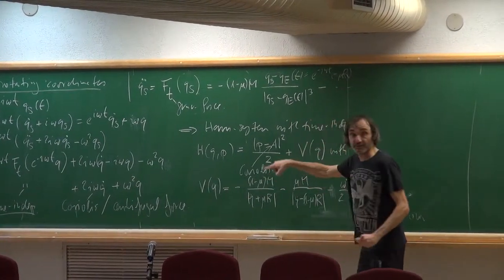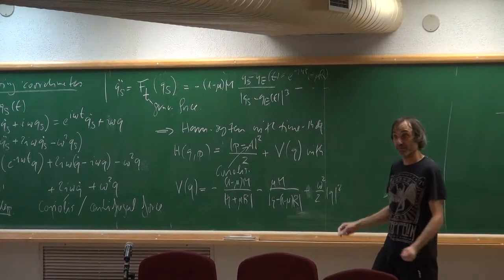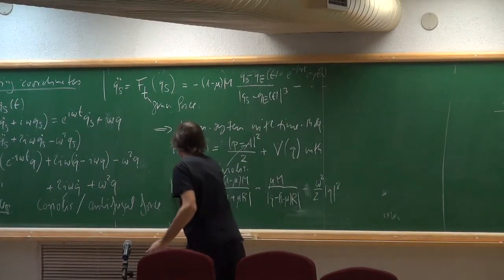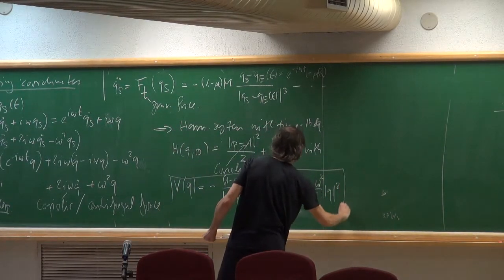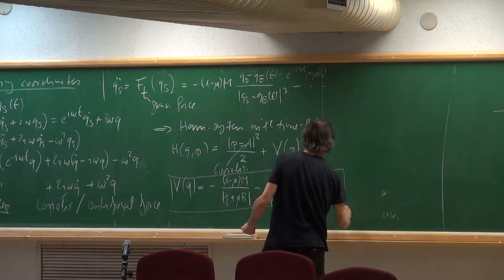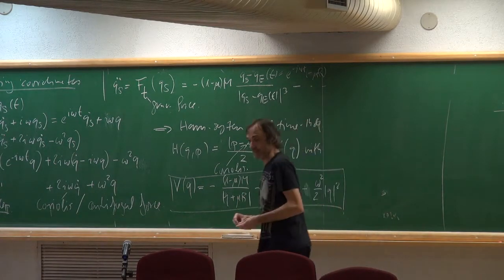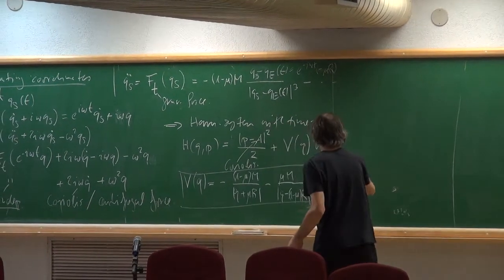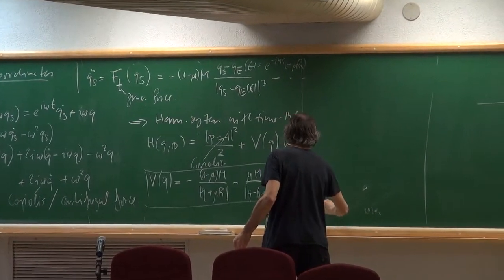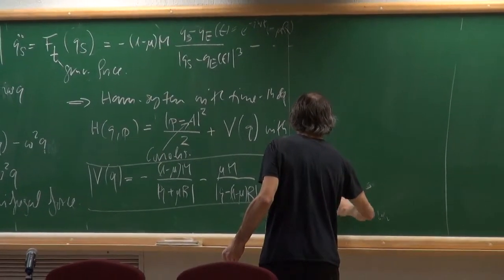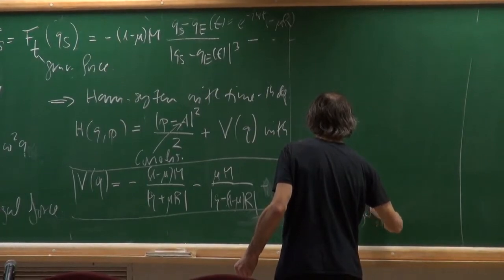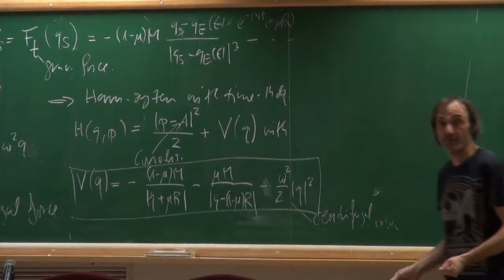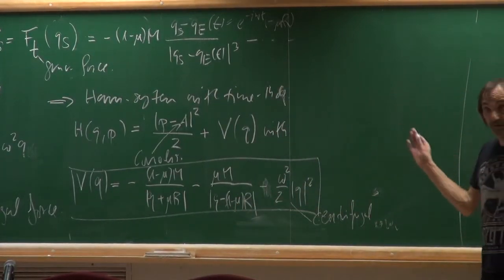Because we take minus the gradient of this one to derive the force from this potential. So this is the potential, where, again, this is the centrifugal potential, which will generate the centrifugal force.